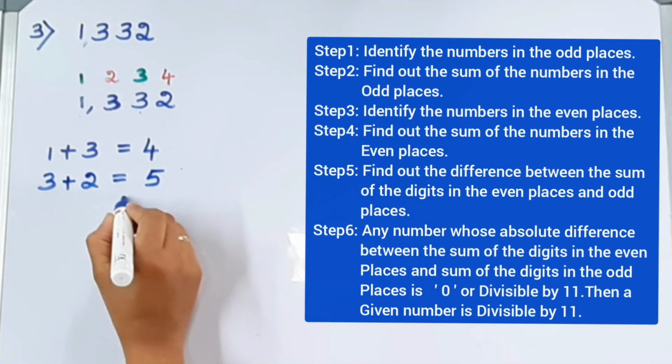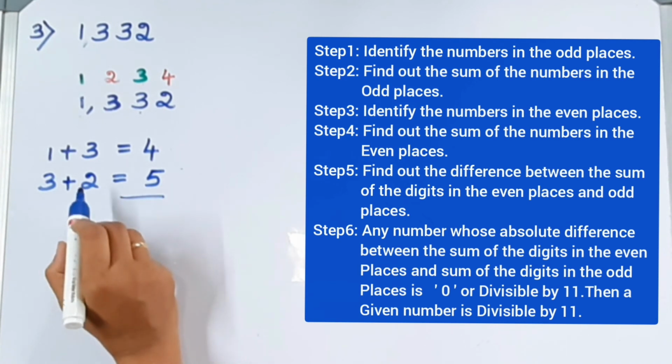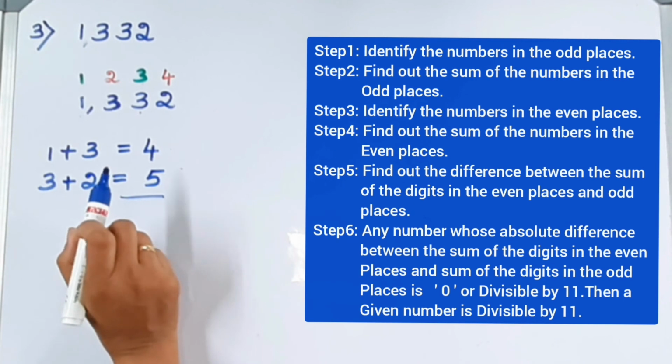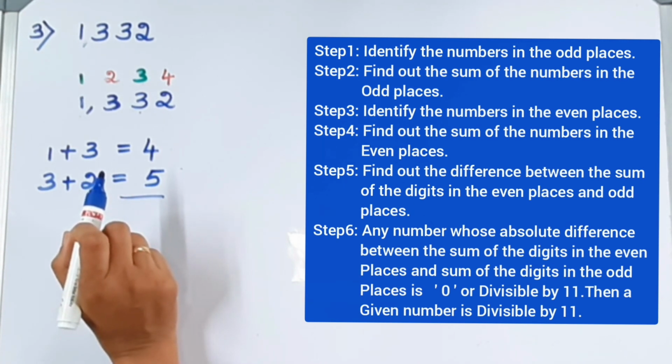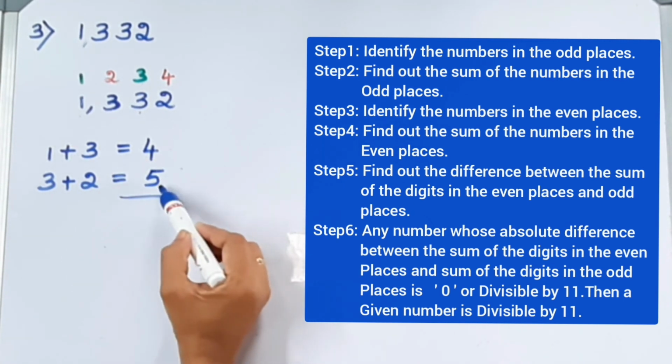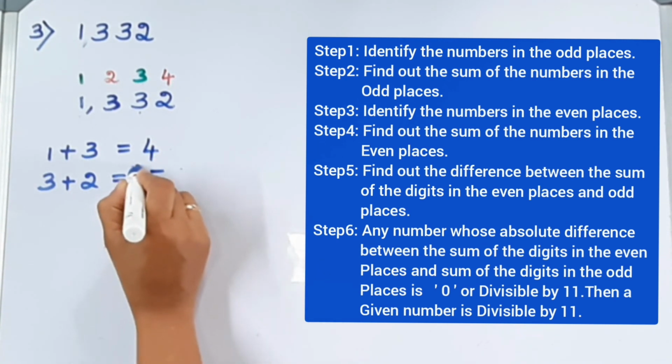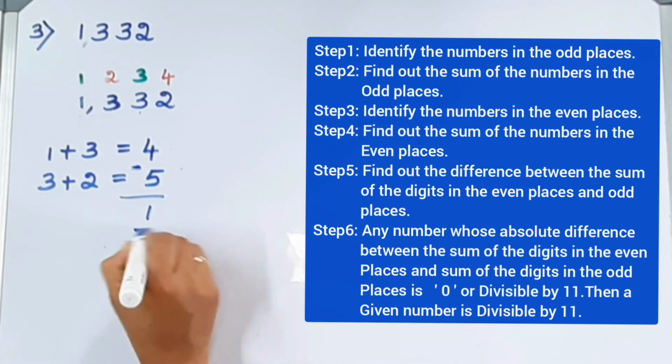Now let's find the difference between the sum of the numbers in the even places and the sum of the numbers in the odd places. That is 4 and 5. Here the bigger number is 5, so I will subtract 4 from 5. That is 5 minus 4 is 1.